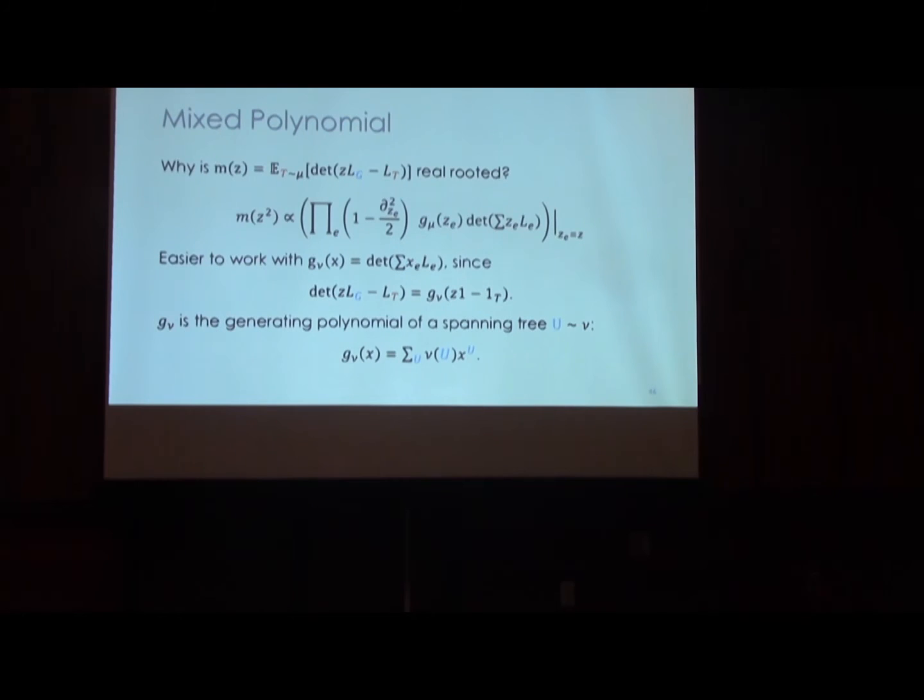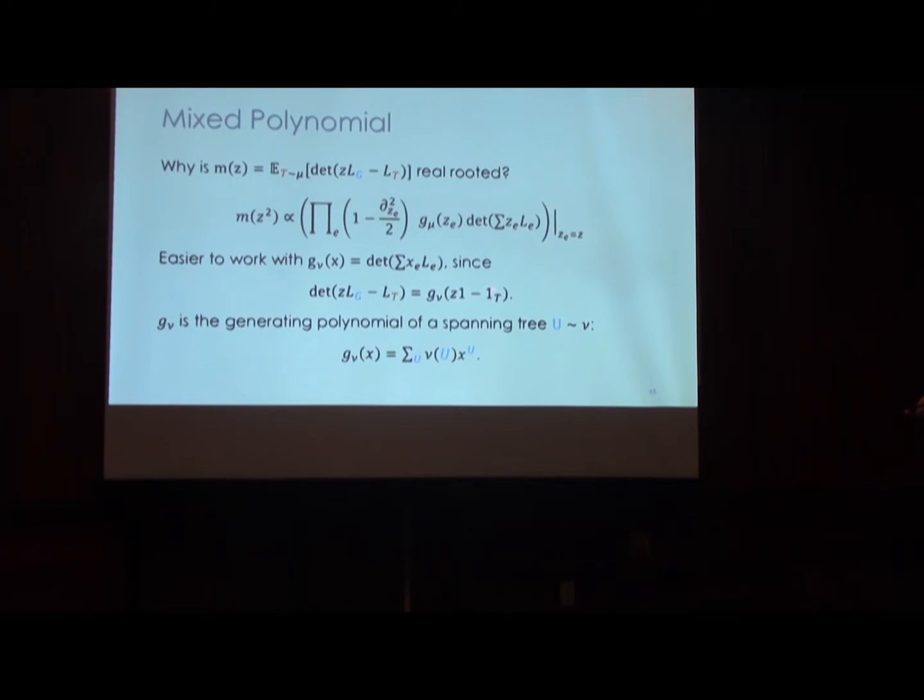So in this mixed polynomial, this determinant, you can actually describe it in terms of this generating polynomial of nu. So if you think of what g nu of z times the all-ones vector minus the indicator vector of a tree T is, if you plug this back into this determinant, from z times 1 you would get the sum of all LDs, which would give you the LG here.